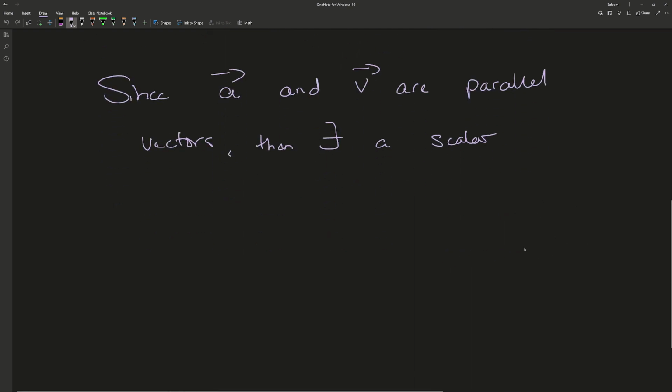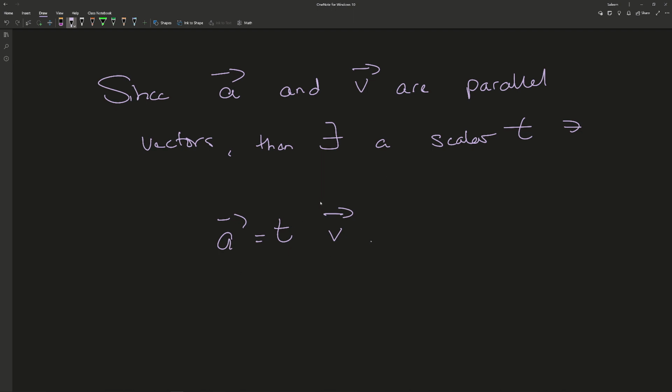Lambda is one of the more popular ones. Let's use T, just to be a little bit different. So there exists a scalar, let's say T, such that A is equal to T, which is my scalar, times V.